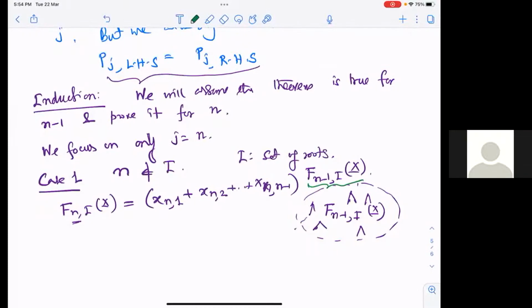And this guy n will come and it will get associated to either 1 or 2 or n minus 1, and use the edge variables either xn1 or xn2, up to xn n minus 1. Agree? Or does anybody have any doubt?